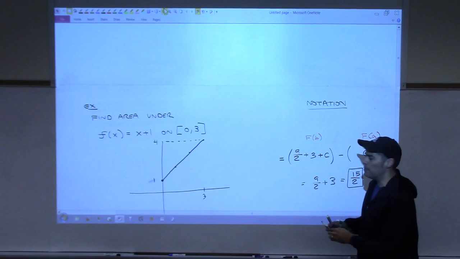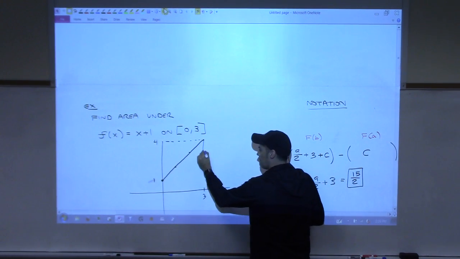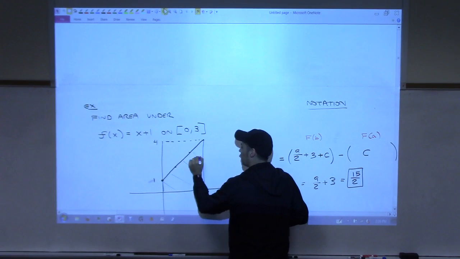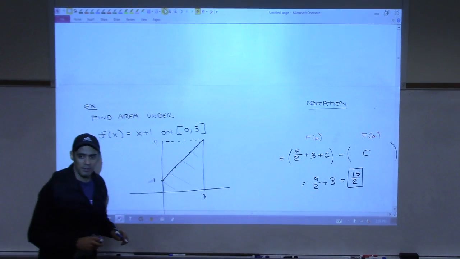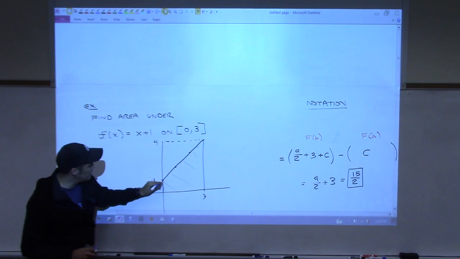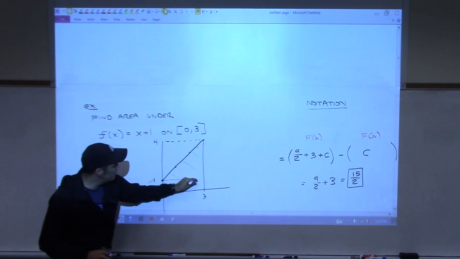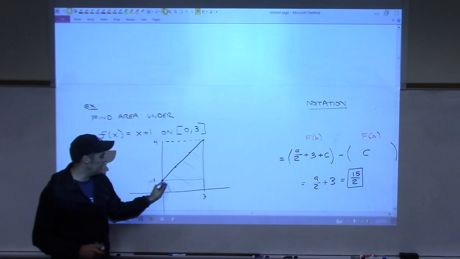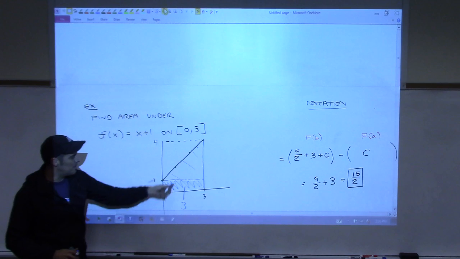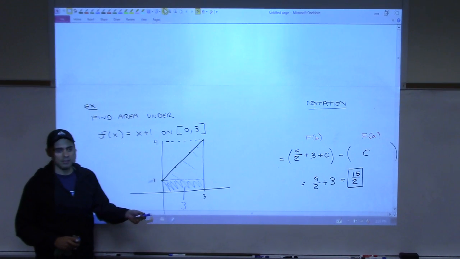We're trying to find the area below this. So I'm trying to find this area right here. I'm going to check my work right now to see if we got it right. If I were to ask you to find the area of that, you could break it into first a rectangle right here. What's the area of that rectangle? That's 3. I bet you that triangle is 9/2.